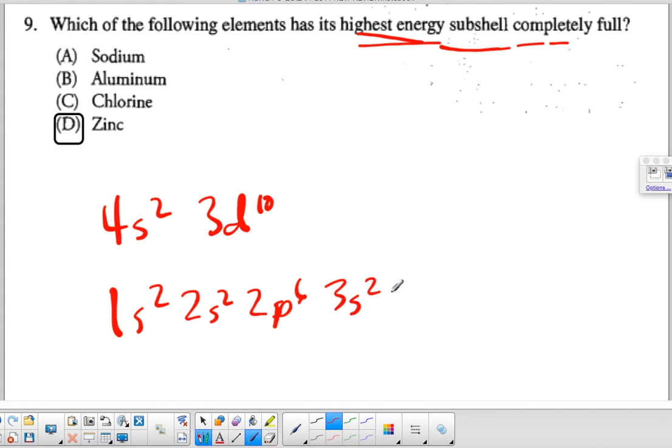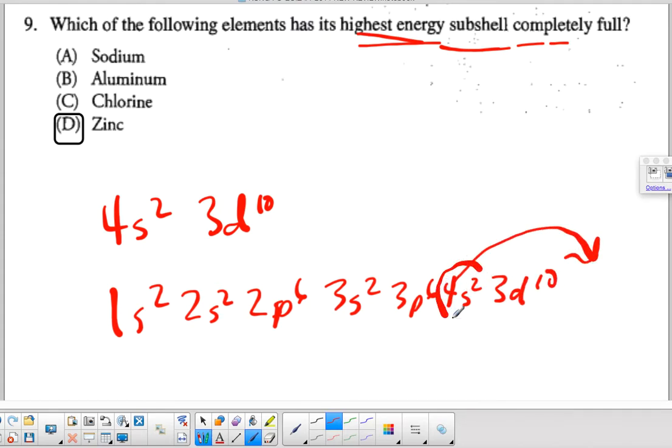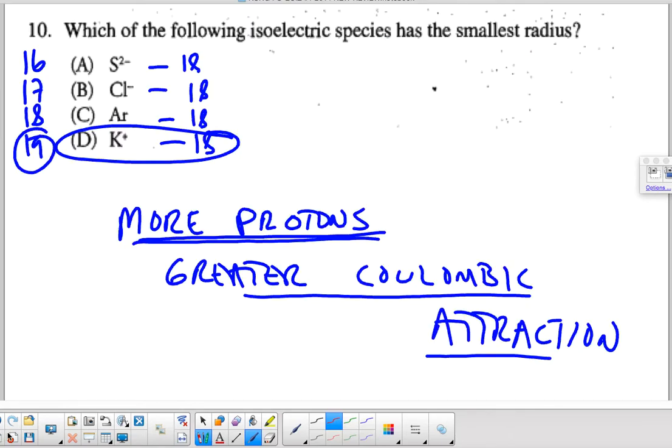So this would be 3s2, 3p6, 4s2, 3d10. Remember, the outside level 4 is a higher level than 3d, so I pull it over here. 4s2, its highest energy level is completely full. That's why zinc is the correct answer for that one.